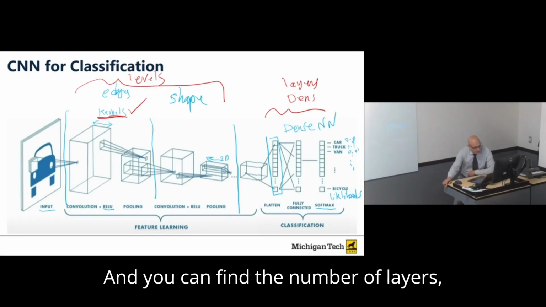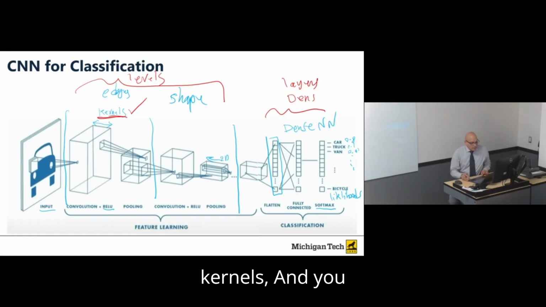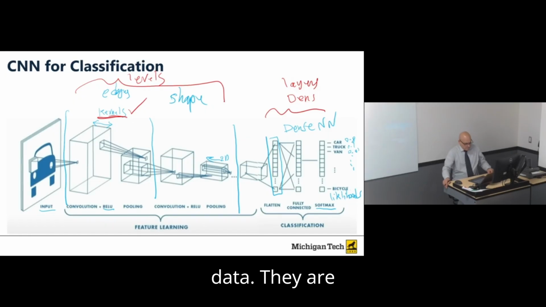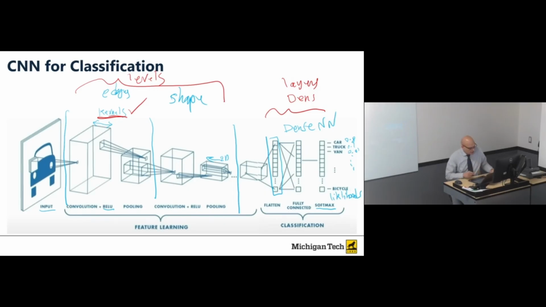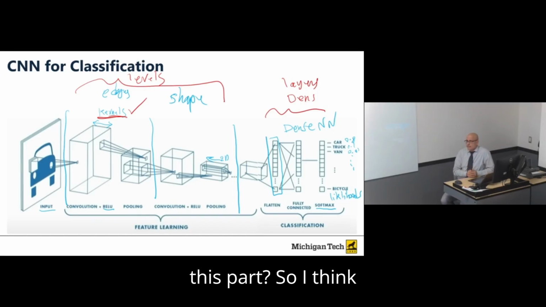You can find the number of layers, number of kernels, and size of kernels, and tune them based on validation data. They are considered hyperparameters. Any question about this part?